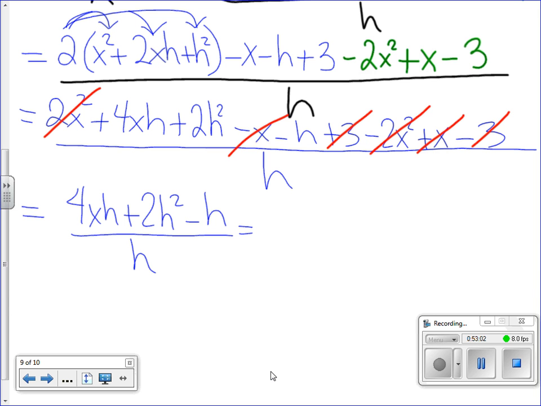Now, if we look at every term from those 3 terms on the numerator, and when I say 3, I'm referring to 1, 2, and 3, right? What do they have in common? So, could we factor that out? Yes. So, if I factor that out, I will get 4x, okay?